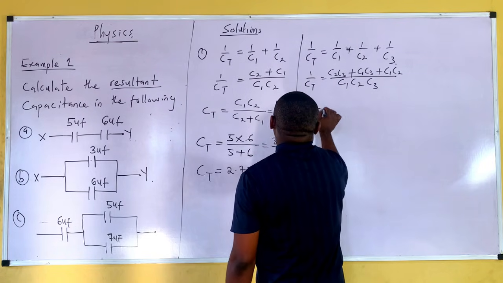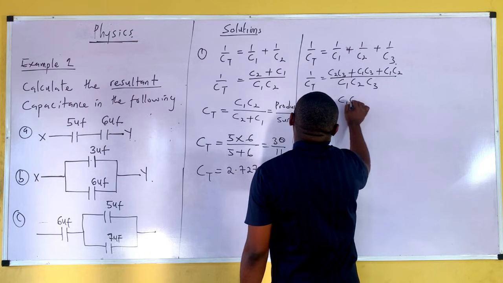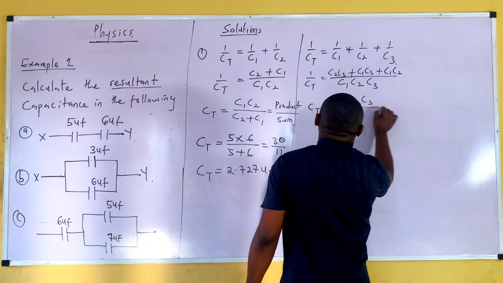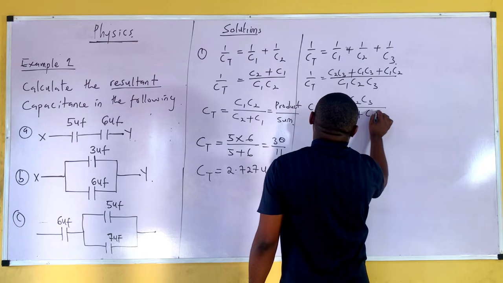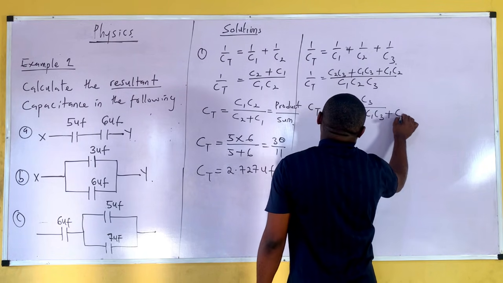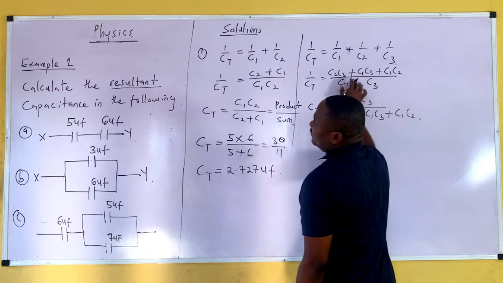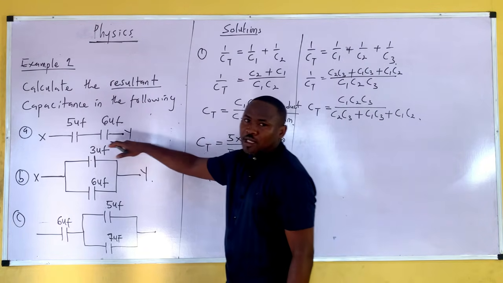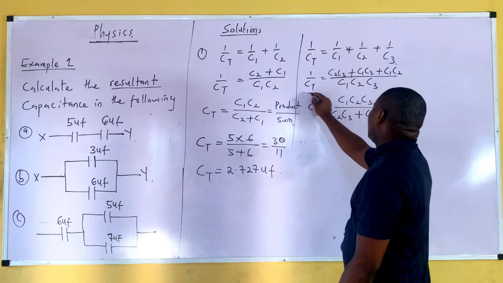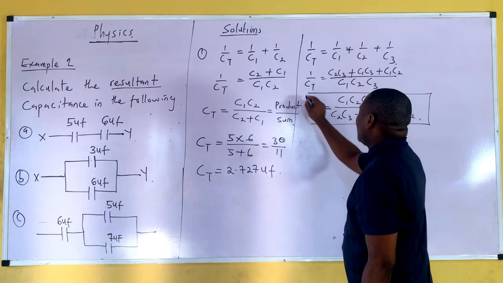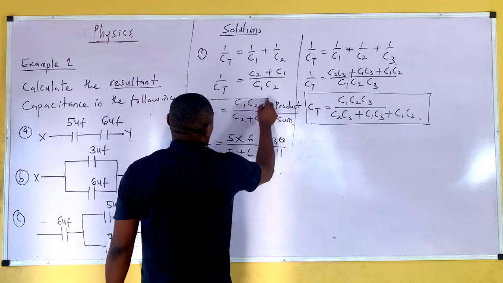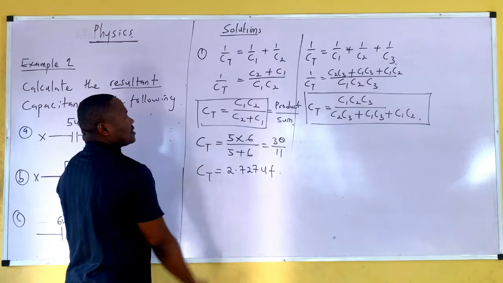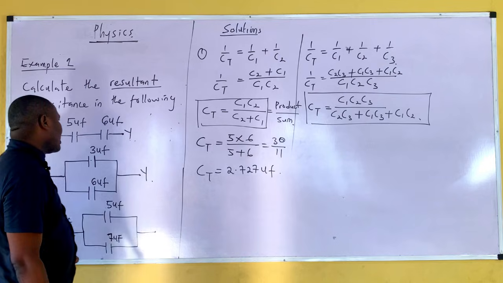So C total is now C1, C2, C3 over C2, C3 plus C1, C3 plus C1, C2. This is what I will use if it involves three capacitors. But when it involves two, I use product over sum. So take note of that. That's how it is solved.